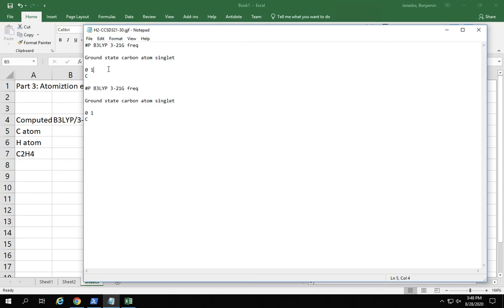If I wasn't sure whether a ground state carbon atom should be a triplet or a quintet, I could just compare the results this way.